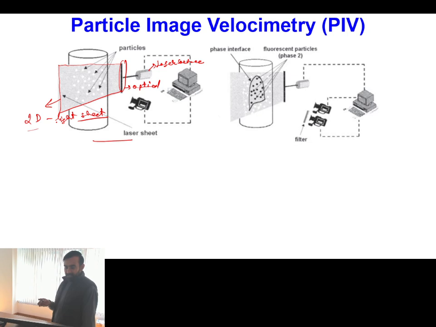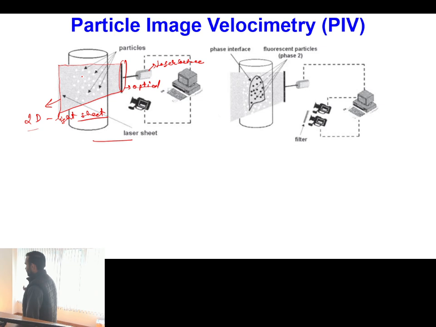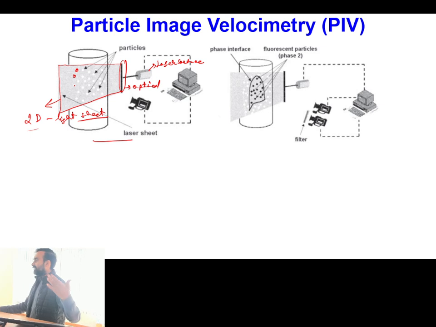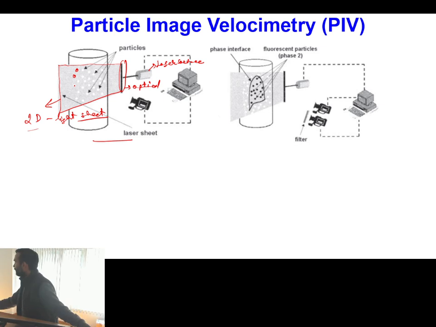Okay, and whatever the particle material is there, these particles are of fluorescent nature. So because of which, whenever these particles coincide with the laser sheet, these will result in brighter intensity. Okay, and all the particles which are not coinciding with the laser sheet will have lesser intensity and will remain dull.